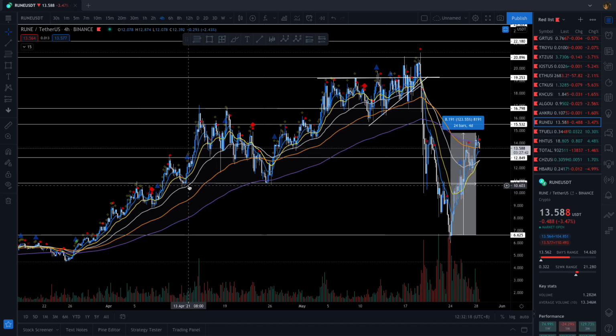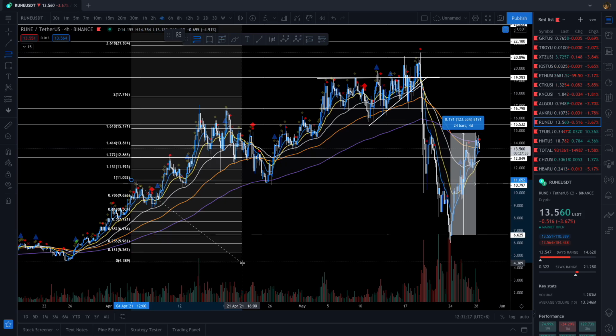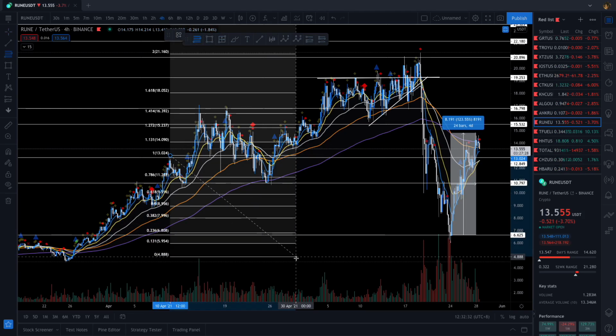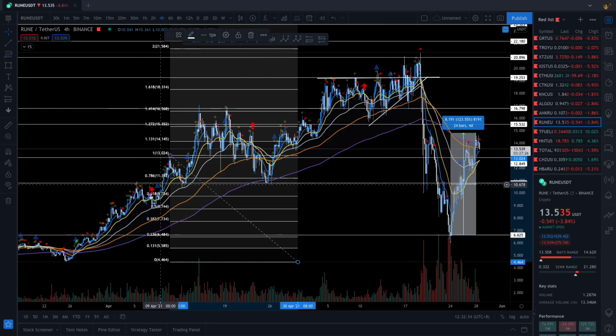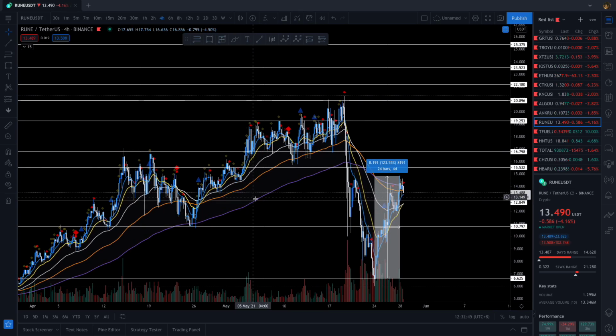Because the 50 EMA is already an area of value, and then now you have support and resistance as well. And if you can add on, let's say, a fib level, I don't even know where to draw this, but if you add on a fib level or something, then that's even more confluence that that level is going to be strong support, right? Look over here. Yeah, you get the point. The more confluence, the better.